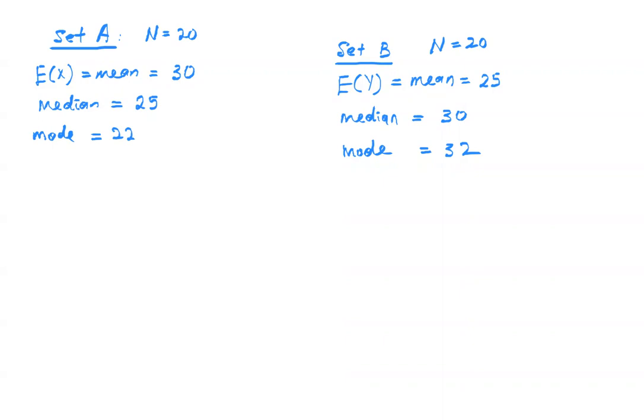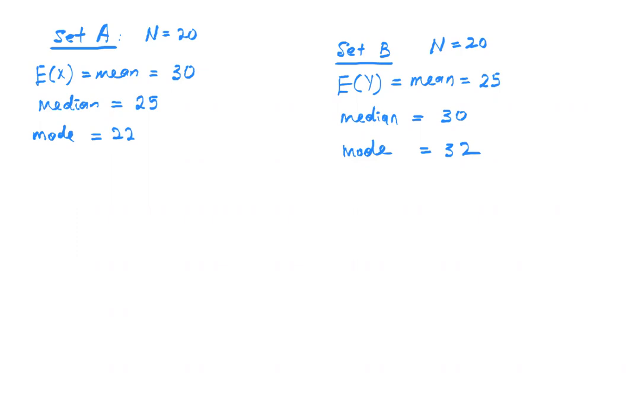I know 10 of the data is more than 25, and I have 10 of the data which is less than 25 for set A. Am I right? Because 25 is the median. But is 25 one of the data? It may not be. No one knows.